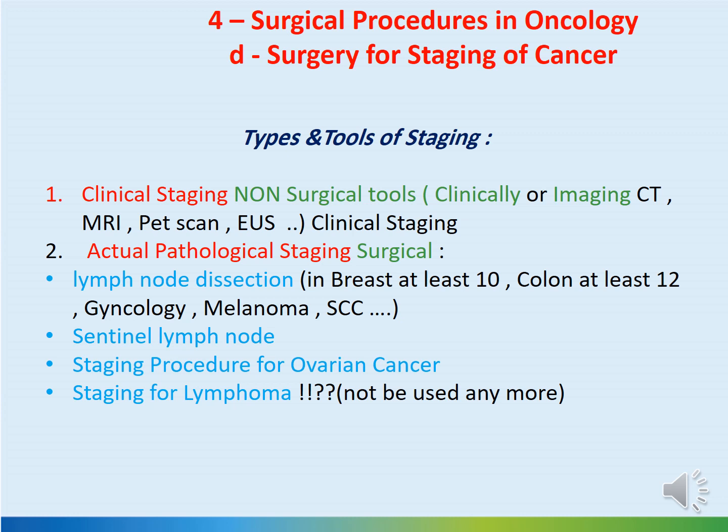But nowadays, as I told you, we are not doing this because we do a PET scan before that. So this is the actual pathological staging. When we read pathology reports, the staging is written as PTNM, while when we say CTNM, it means clinical staging before receiving any type of treatment.